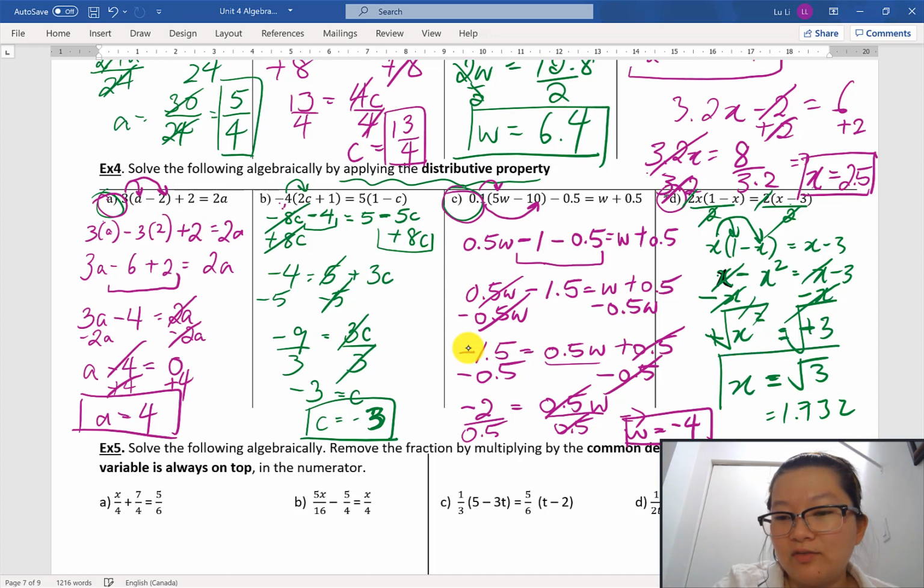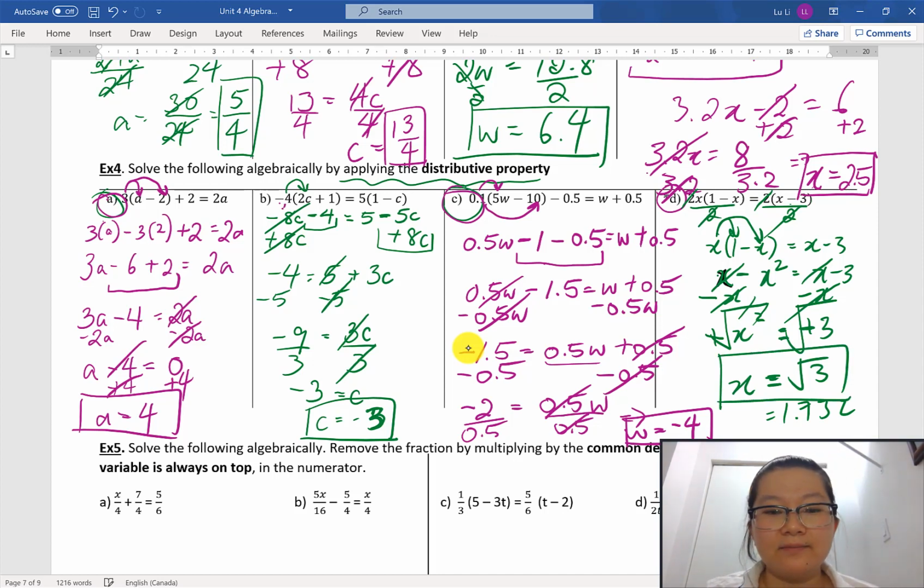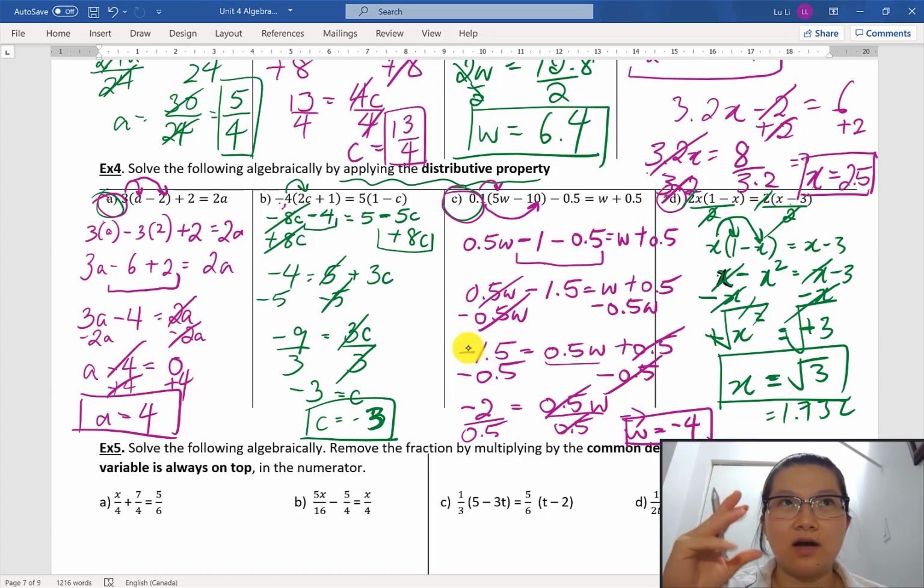I have a stronger preference for you to leave it in a radical sign, and it's just like leaving your answer in improper fractions, because improper fractions are very functional. I can take that fraction and continue to do work with it if I need to. Things can cancel very easily on the top and the bottom of my fraction. I can't really do that with a mixed number, so I don't personally like mixed numbers for that sake.